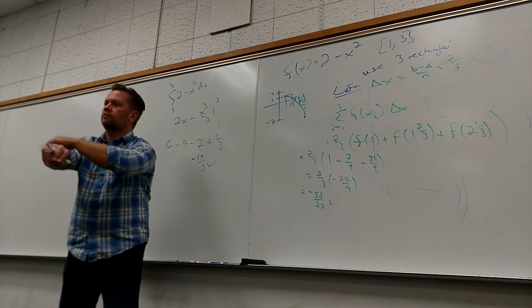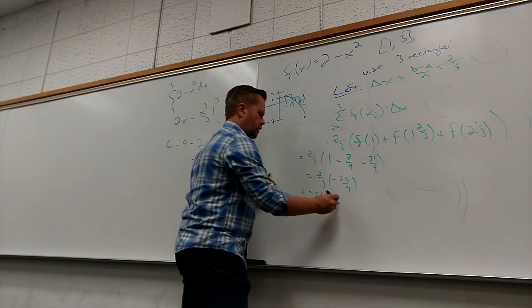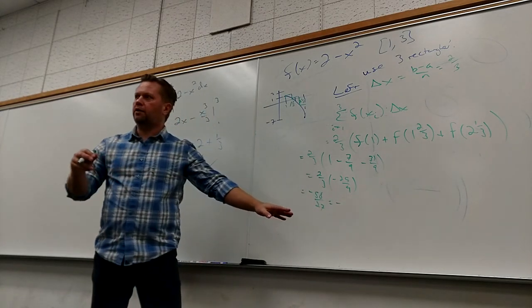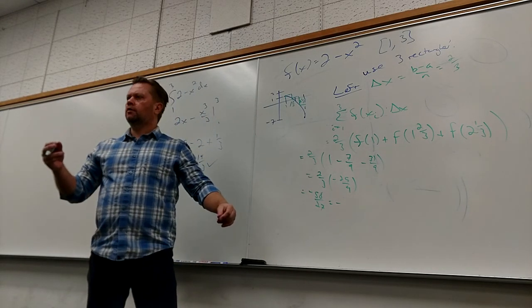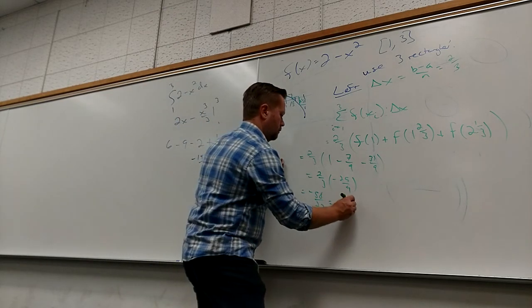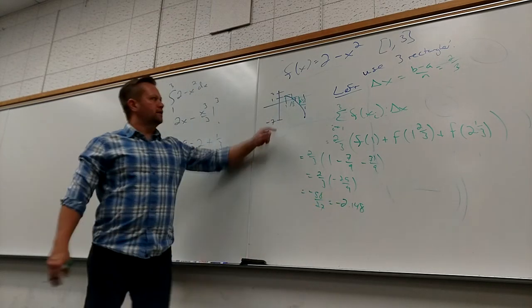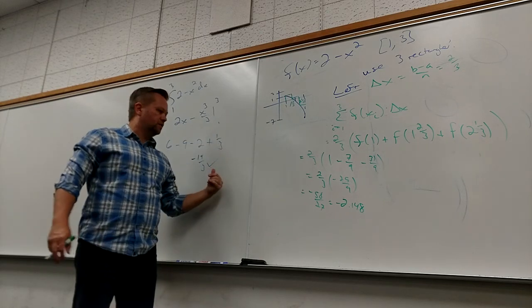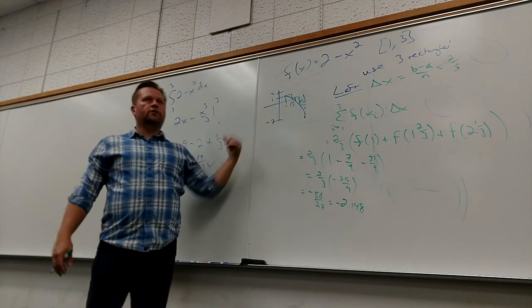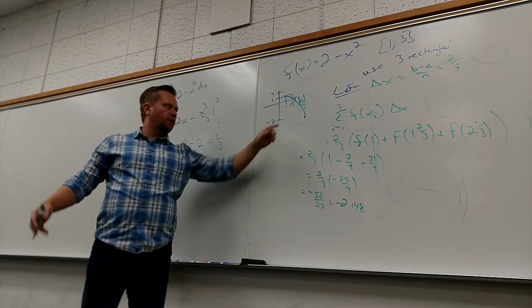What is it? Negative 58/27. Yeah, but what is that? Negative 2.140. All right, so that's obviously going to be an underestimate, or as far as it's an overestimate because it's negative and under.